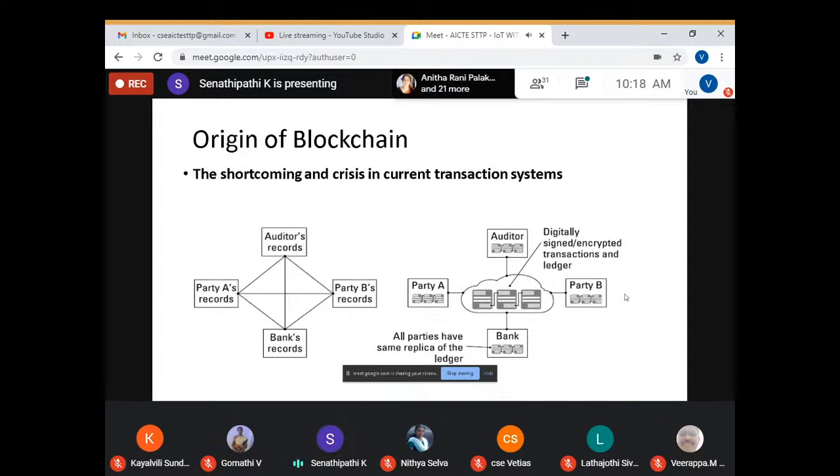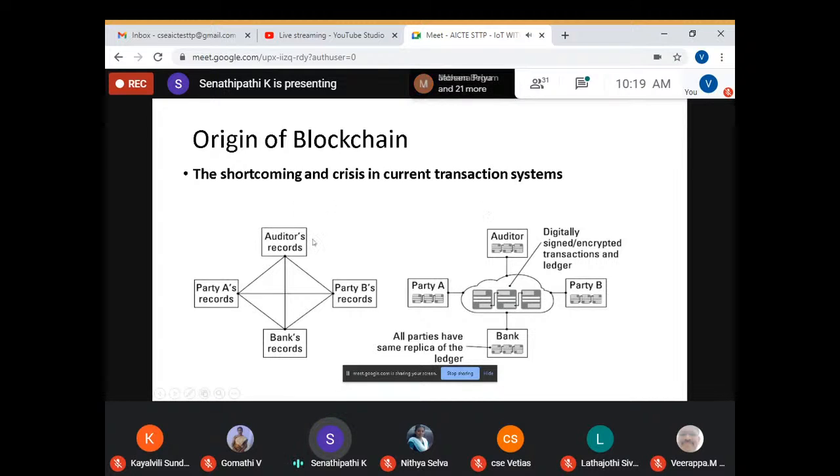If the ledger is corrupted or the transaction details are changed by a bank official unknowingly, mistakenly or purposefully, what happens? The trustworthiness of the bank is gone. So nobody will trust the bank, right? That is what is happening now.